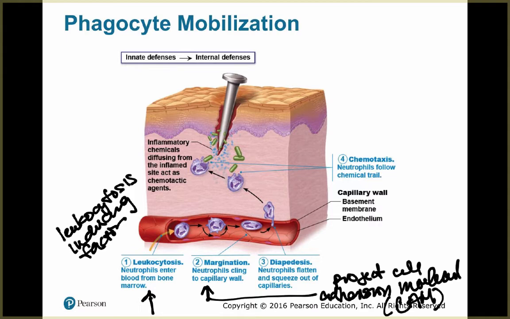The next process that we have is diapedesis. This is when the neutrophils start flattening out and squeeze out of the capillaries. They're essentially moving through the endothelial cells, into the interstitial space up here.